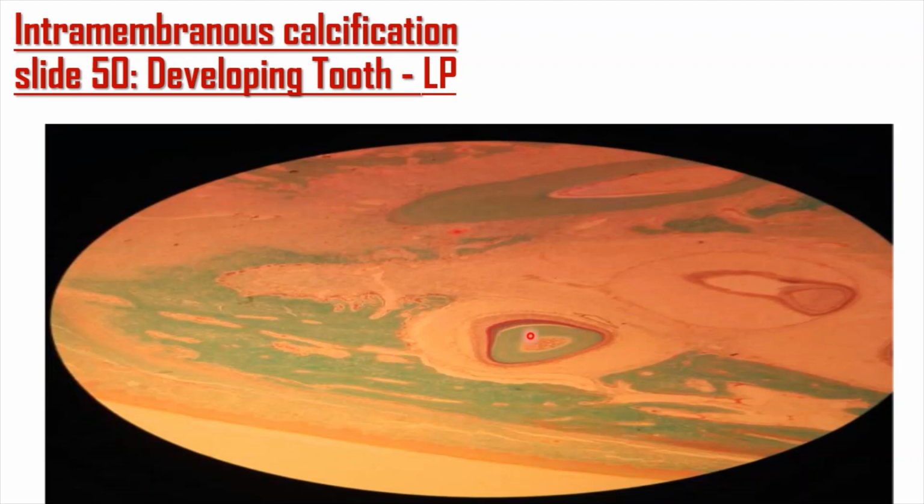As you can see, there were just membranes here, and inside of the membrane bone is forming. That's how a tooth develops, by intramembranous ossification. Other bones that develop by intramembranous ossification are the bones of the skull and the membranous part of the clavicle. Let's look at it at high power.